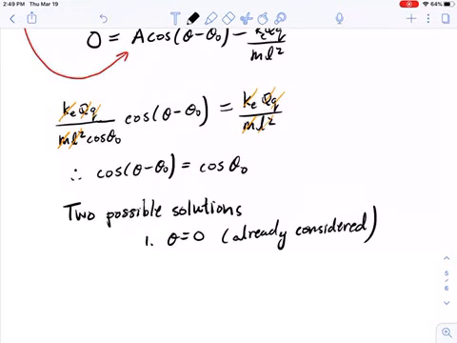That's the one that we use to write an expression for A. The other way that we could make the equality hold is that we set theta equal to 2 theta naught. Okay, because then we'd have cos of 2 theta naught minus theta naught, which is cos of theta naught.